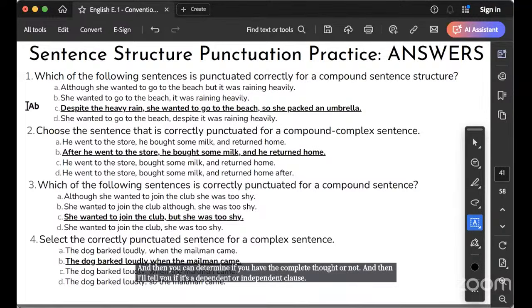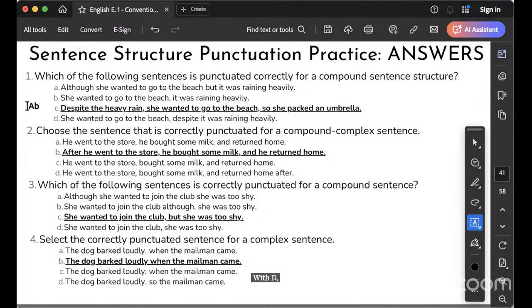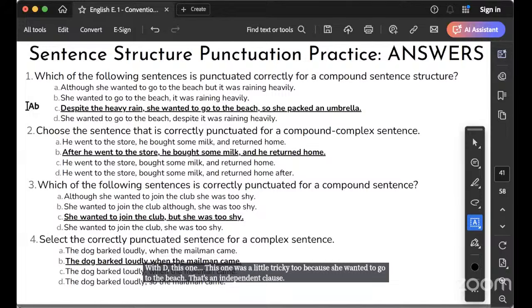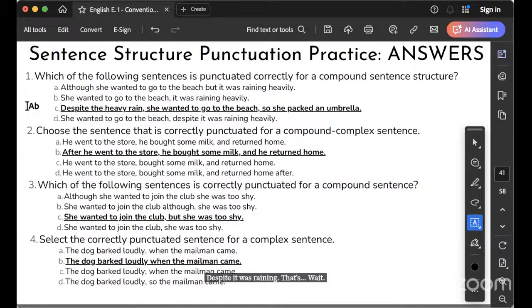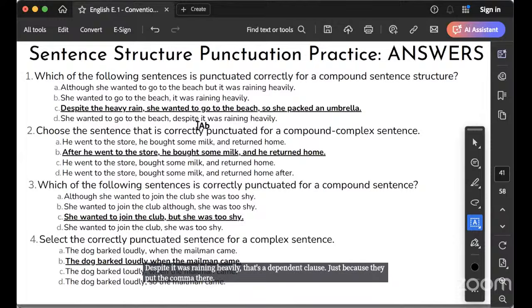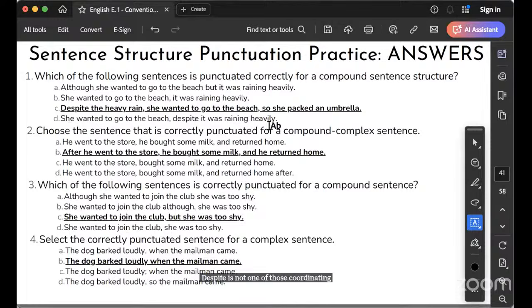With D, this one was a little tricky too. She wanted to go to the beach. That's an independent clause. Despite it was raining heavily, that's a dependent clause. Just because they put the comma there, despite is not one of those coordinating conjunctions. It's not one of those FANBOYS.